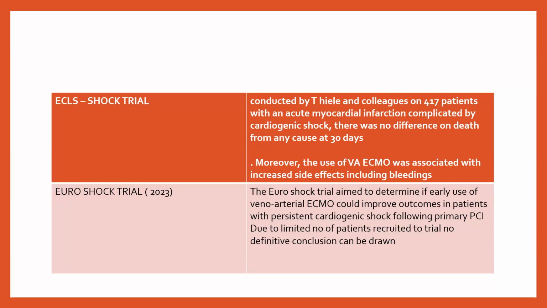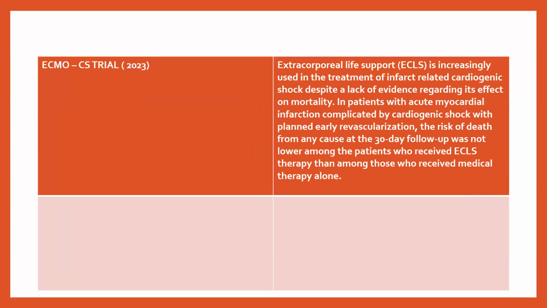Then in 2023, the EURO SHOCK trial was published. The EURO SHOCK trial aimed to determine if early use of veno-arterial ECMO could improve outcome in patients with persistent cardiogenic shock following primary PCI. But due to the limited number of patients recruited, the trial did not come to any definitive conclusion.